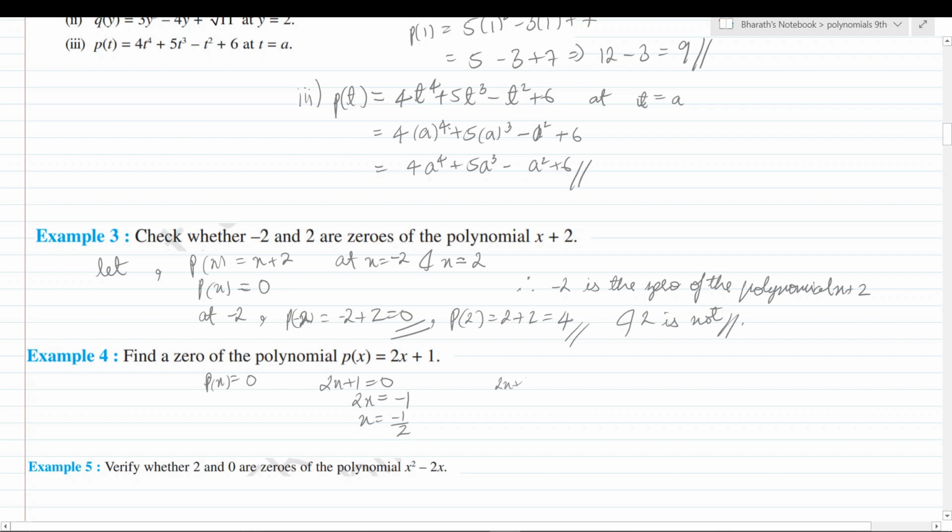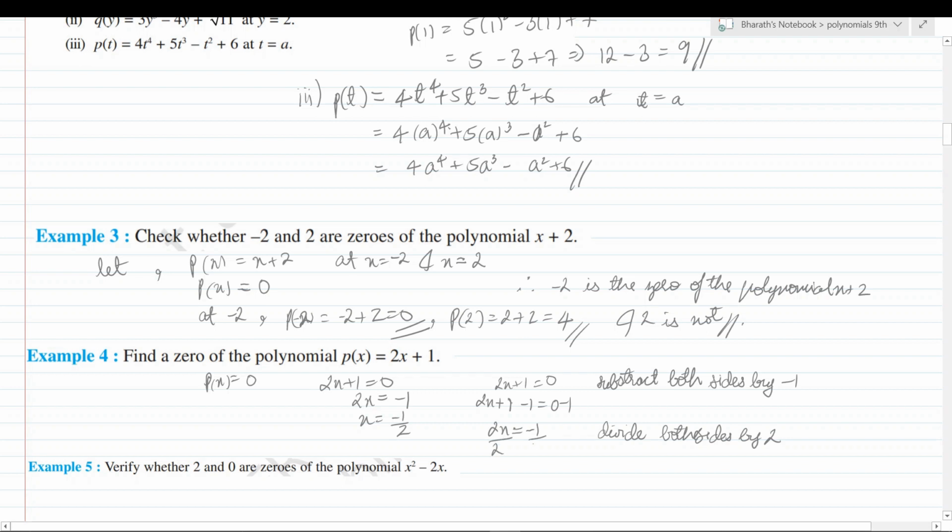So when we subtract both the sides by 1, 2x plus 1 minus 1 is equal to minus 1. So we get 2x is equal to minus 1 and divide both sides by 2.